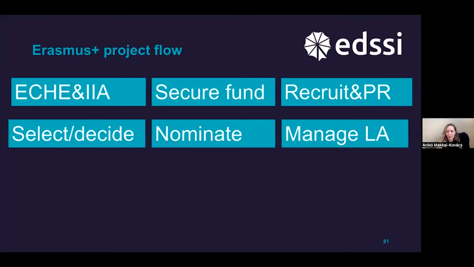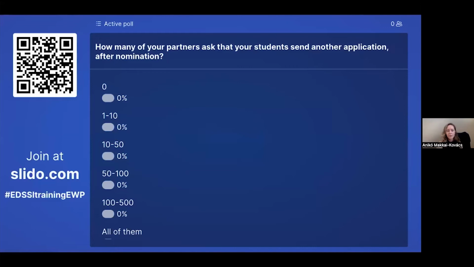This is why I was asking this, because the next step, after nomination in a general workflow, is that you will start and manage the learning agreement with your students, following the procedure internally at the university. The next question is, how many of your partners ask that your students send another application after nomination?